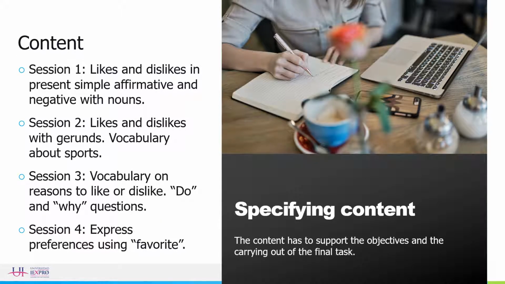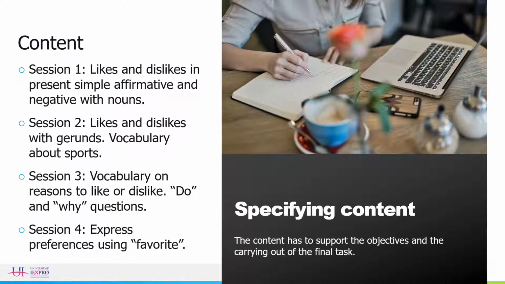The content, divided by session, goes as follows. On session 1, we will deal with likes and dislikes in the present simple affirmative and negative forms with nouns. In session 2, we will look at likes and dislikes with gerunds. We will also take a look at vocabulary about sports.